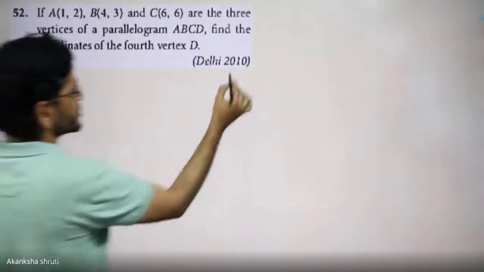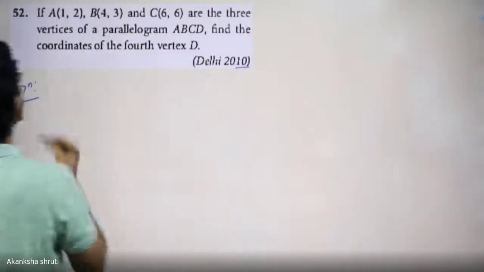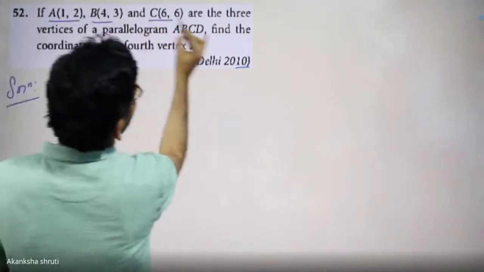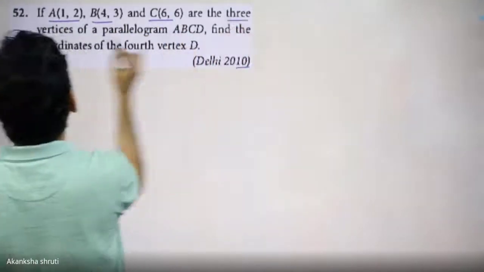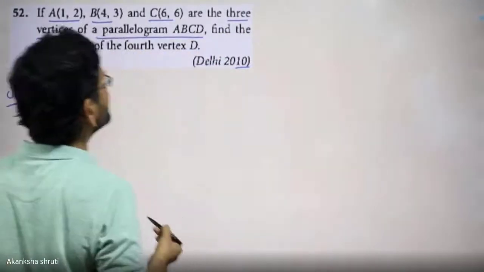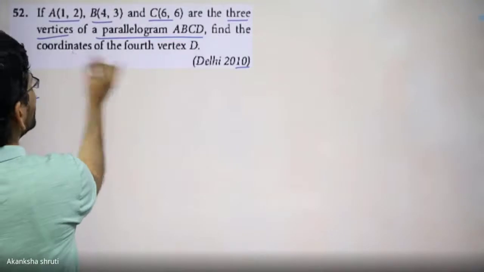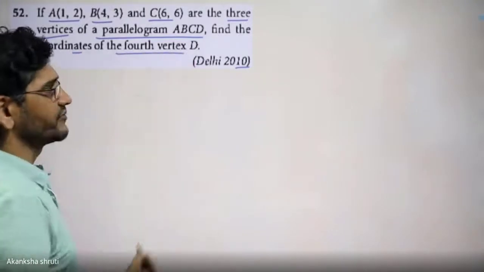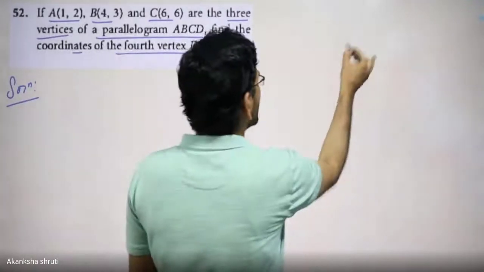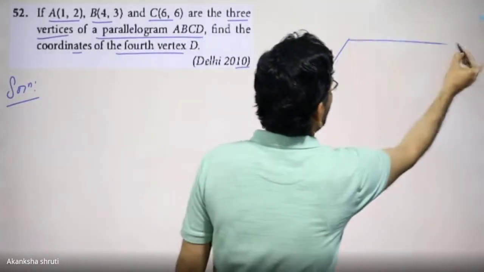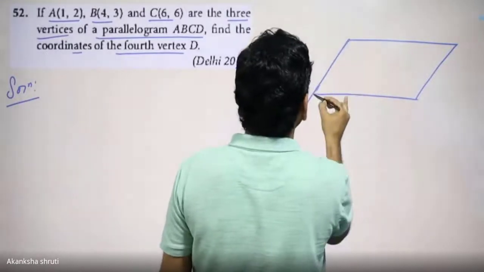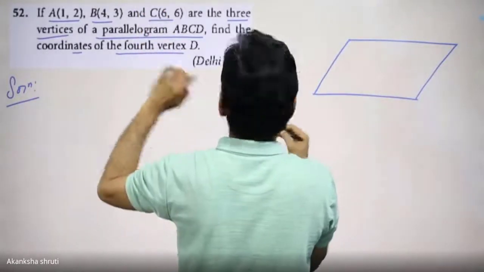Let us consider the question asked in 2010. If A, B, C are the three vertices of a parallelogram ABCD, find the coordinate of the fourth vertex. Very simple. Draw the rough diagram. Students, we are given a parallelogram, and in this parallelogram three vertices are known.